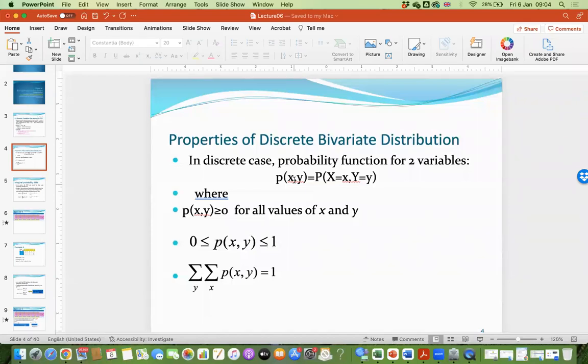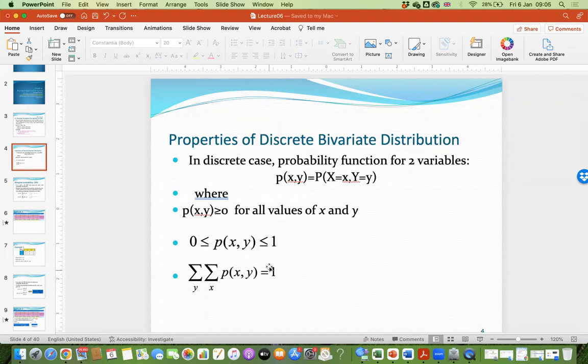Okay, we will talk about discrete bivariate distribution first. Like the two previous lectures, they have the same condition. Even though we now have two variables, the total probability is still between 0 and 1 because they join together.